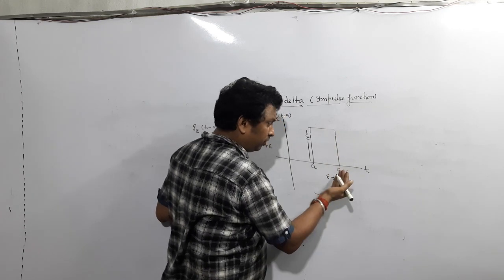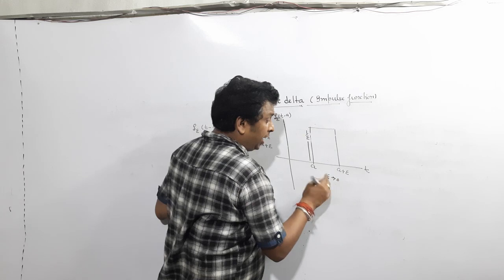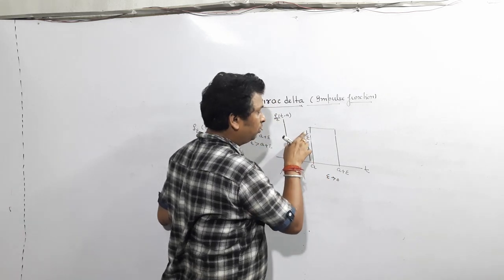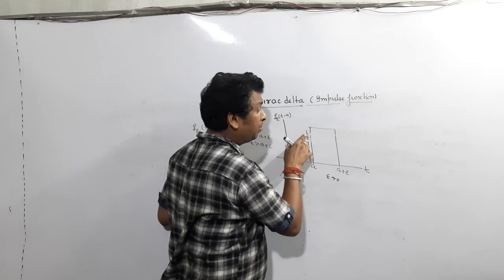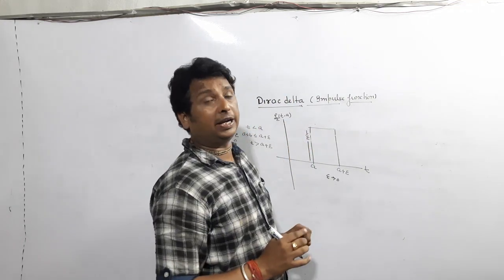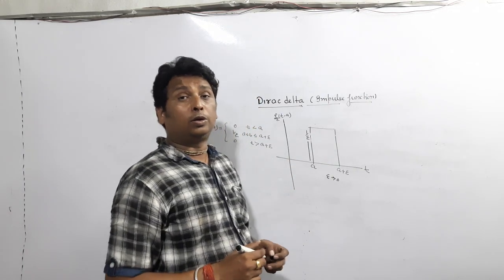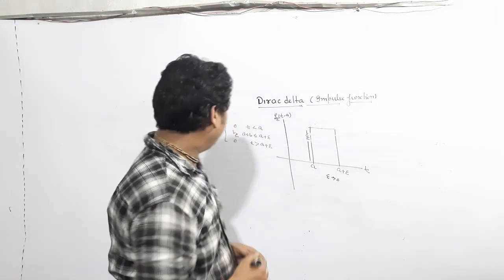When epsilon tends to 0, the force becomes 1 by 0, which means infinite. So that's why it is called an impulse function.